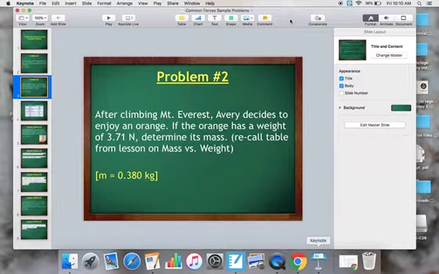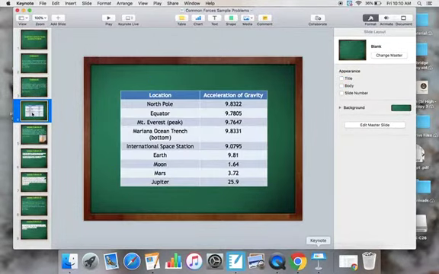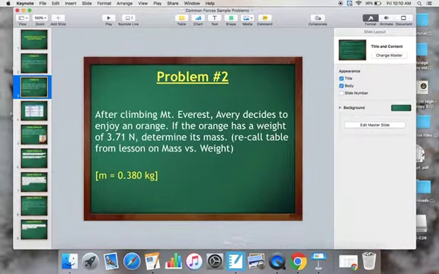So I've just included it here again to take a look at. Right. So in this particular problem, Avery is on Mount Everest. So anything using force of gravity, we'll have to use 9.7647, not our classic 9.81. Okay, so again, we're trying to determine its mass, so away we go.